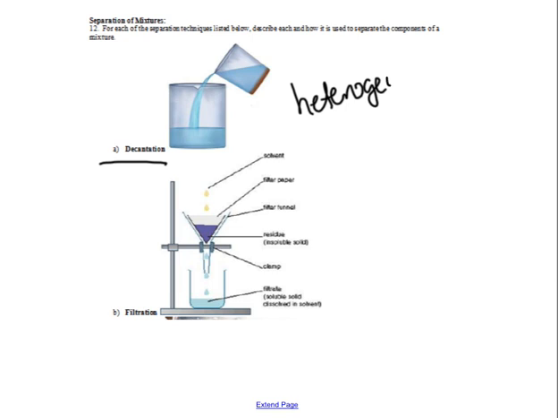Can anyone tell me some drawbacks to decantation? Yeah, if you mess it up, you got to go back and do it again. Contamination of the other, meaning? Well, you're going with an empty thing and you're pouring into it, so there's nothing here to get in.